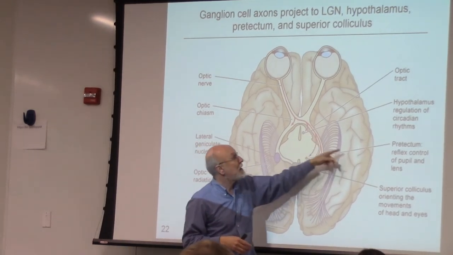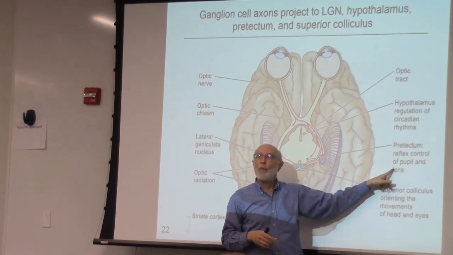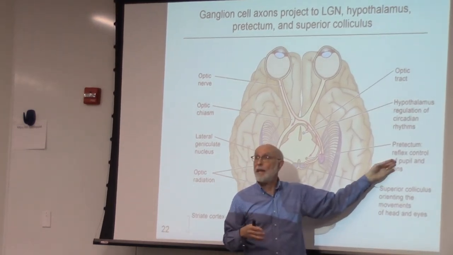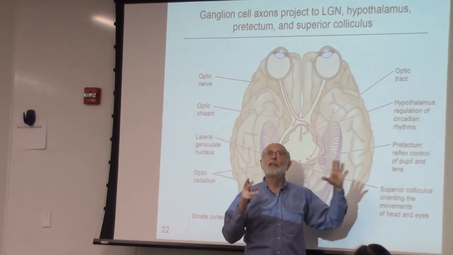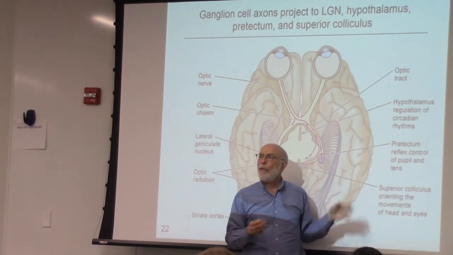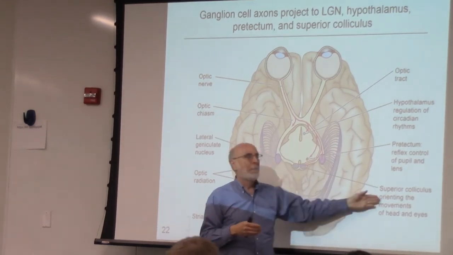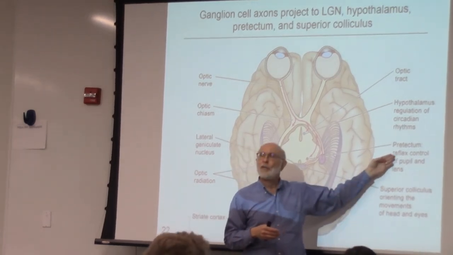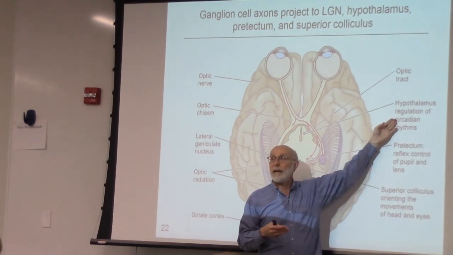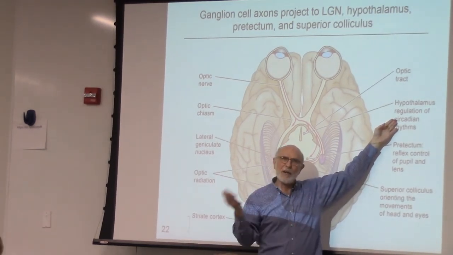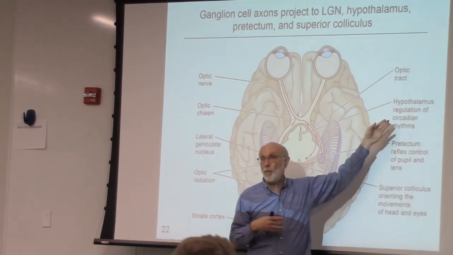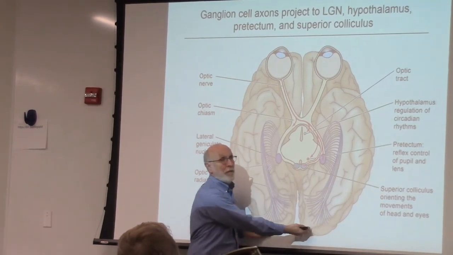Some of that information is going to the pretectum, which says, okay, is it a lot of light or is it low light? If it's a lot of light, we're going to send information out the oculomotor nerve to constrict the iris and limit the light. So the things that are not vision, orienting the eyes, controlling the pupillary diameter, knowing how much light is coming in, is it day or is it night, controlling our circadian rhythm, these are all done by the retina, but it's not part of what we call vision.